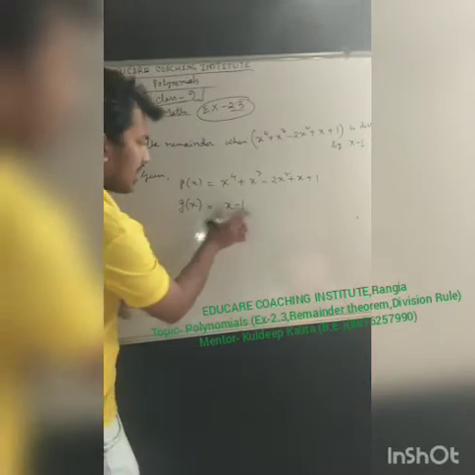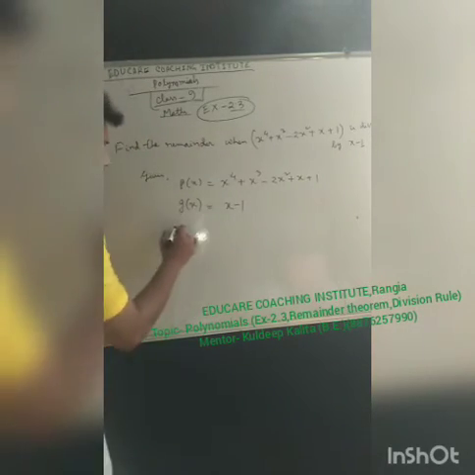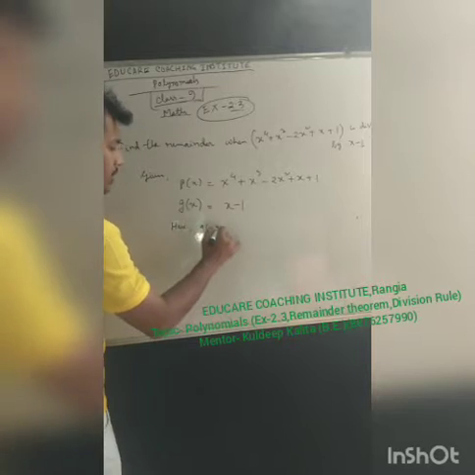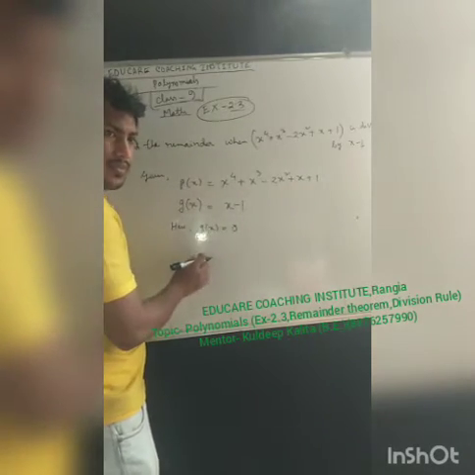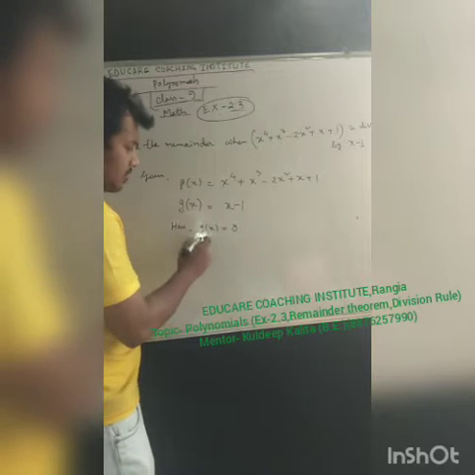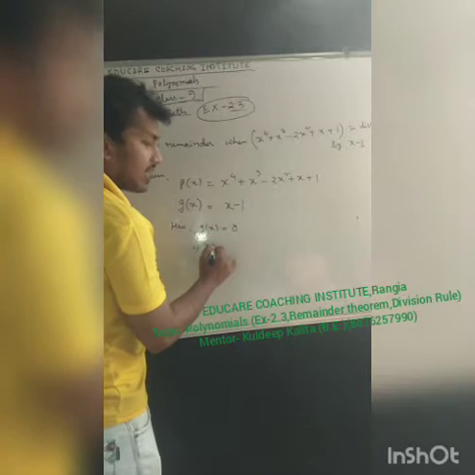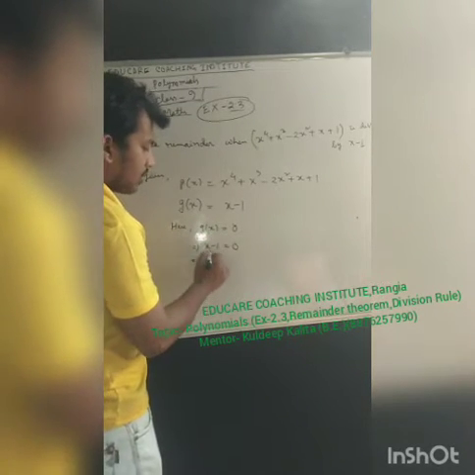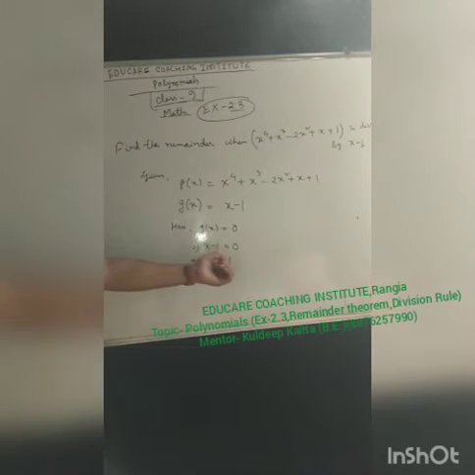From g(x) we can find the value of a. How? If we make g(x) equal to 0, then we get x minus 1 equal to 0.